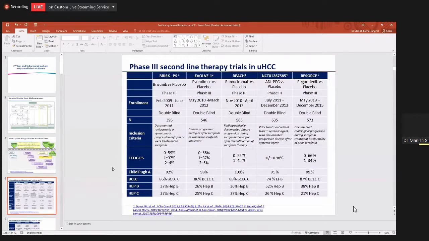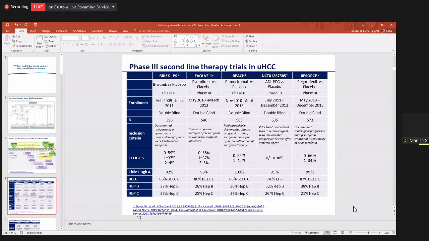So as far as the present second line therapy is concerned, there has been a lot of effort to improve second line therapies. So these are various studies which have been presented, such as the everolimus studies, very similar to what we treat in metastatic RCC, the Brivanib study, the Ramucirumab study, and there has been a study of pegylated Adriamycin, and a study of Regorafenib.